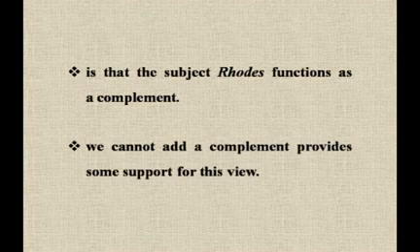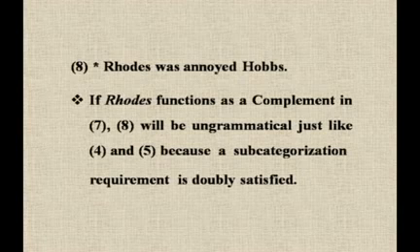The fact that we cannot add a complement provides some support for this view. 8. Rhodes was unwind Hobbs. If Rhodes functions as a complement in 7, 8 will be ungrammatical, just like 4 and 5, because a subcategorization requirement is doubly satisfied.